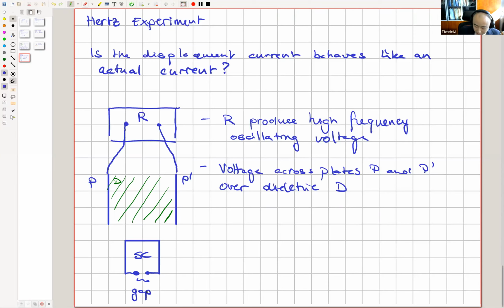In this scenario, we're introducing some polarization current in my dielectric, an alternating electric field. So what do we expect to happen in this secondary circuit? I'll give you a minute or two to think about this.